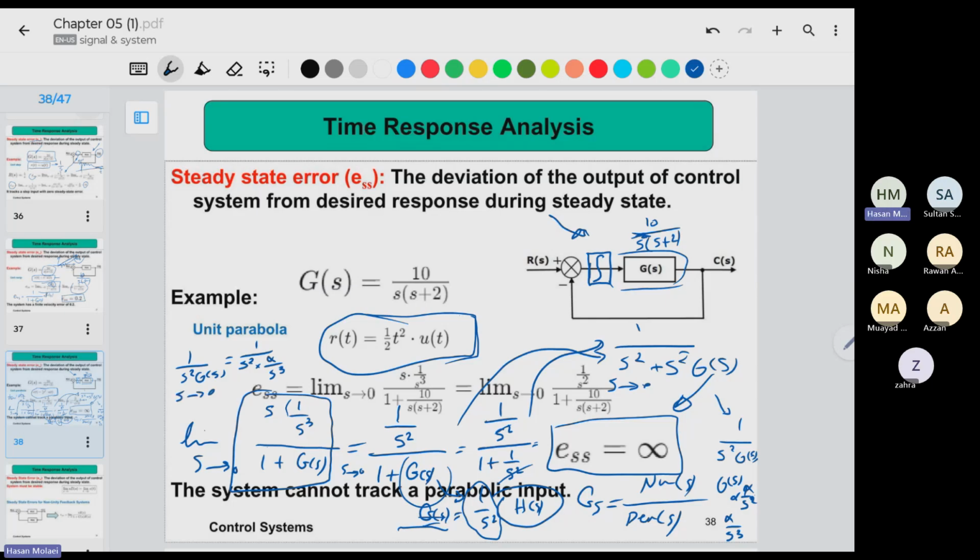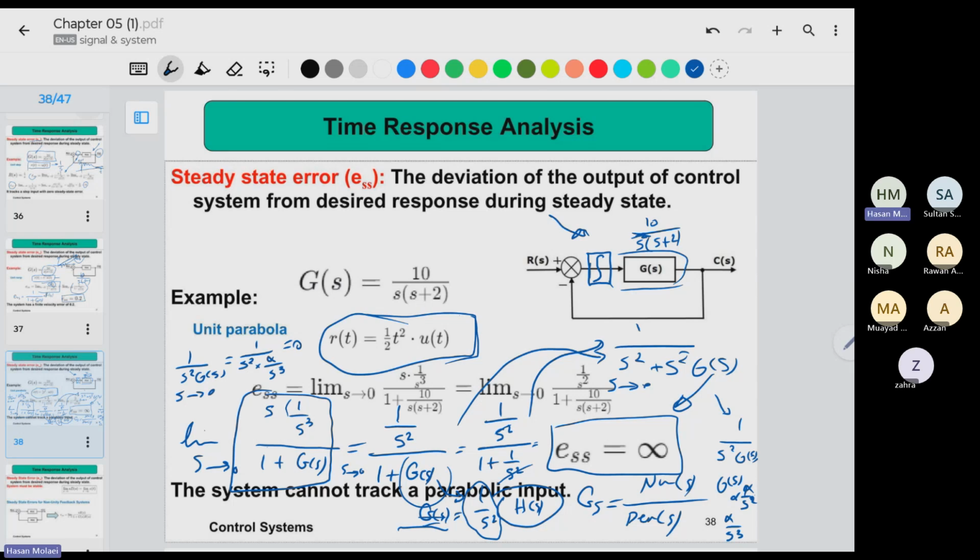When S approaches 0, this one would be 0, which means if I want to have 0 steady state error, I should add two integrators.